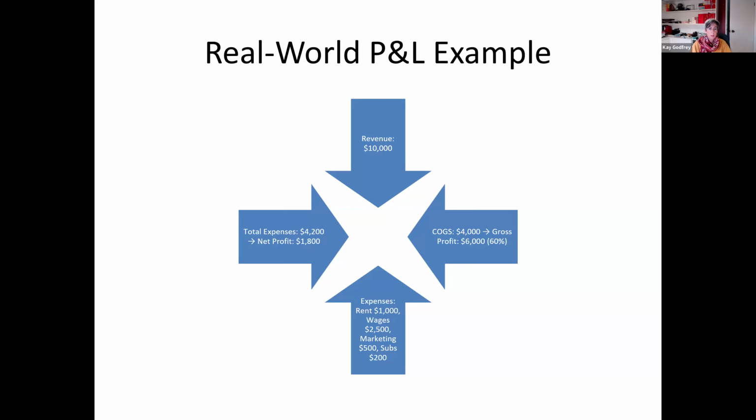Now, let's say you've got some expenses, which include rent, wages, marketing, and subscriptions. Now, those all total up to $4,200. So your net profit at the bottom, what comes out at the end, is $1,800.